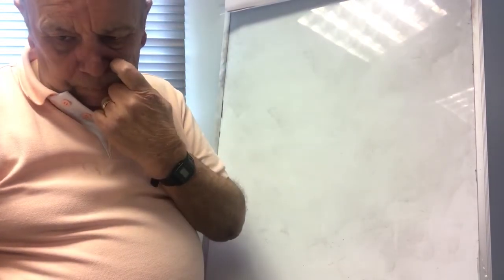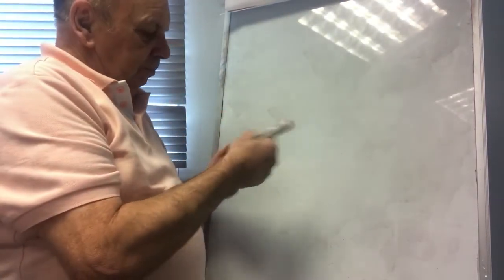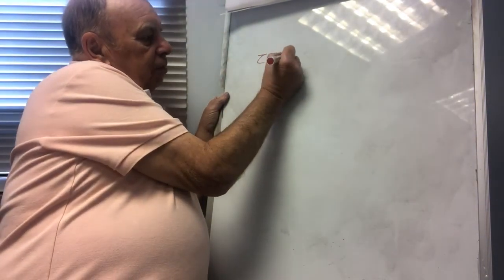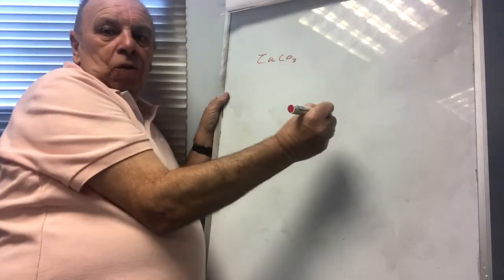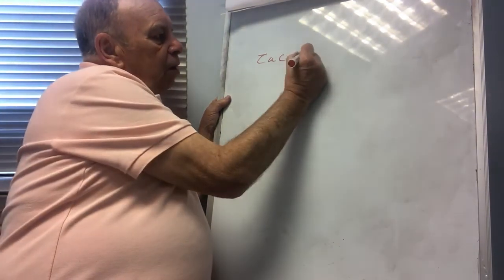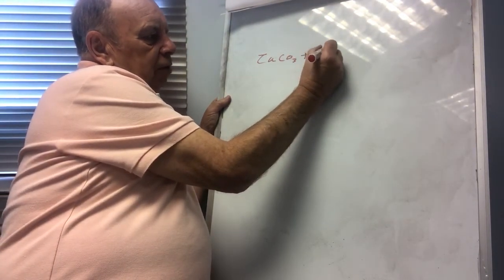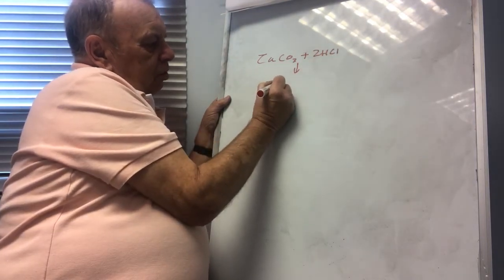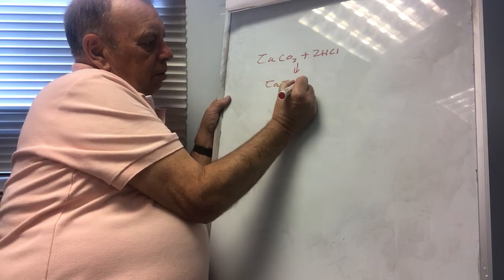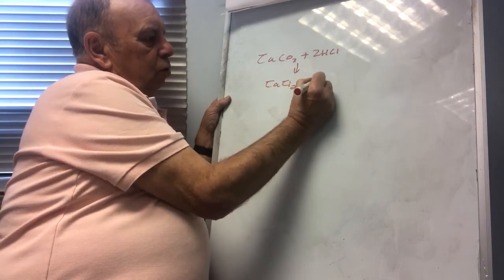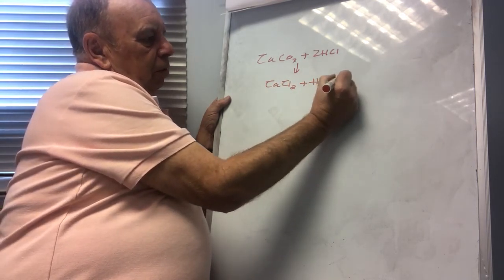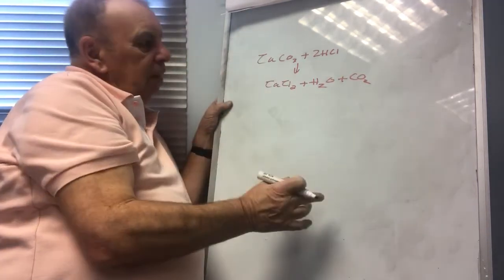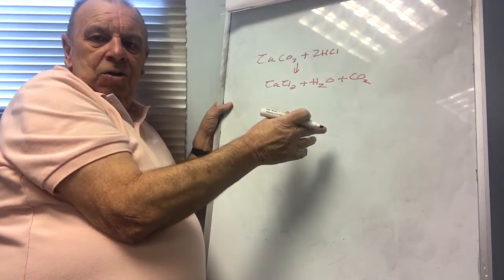Well, let's look at an example. Calcium carbonate or chalk plus hydrochloric acid gives you calcium chloride plus water plus carbon dioxide gas.